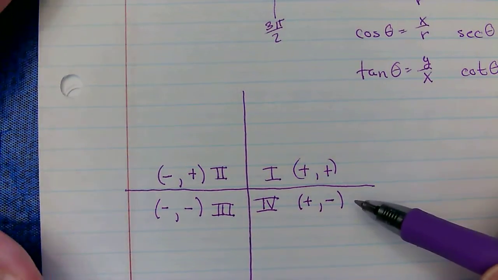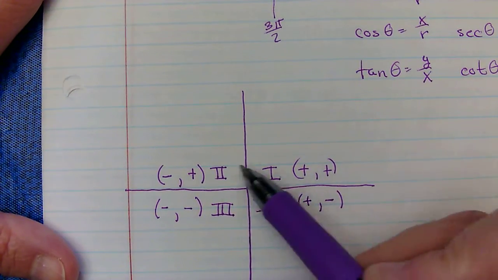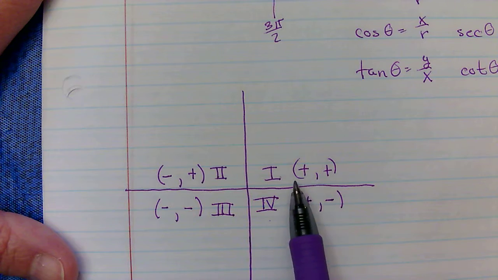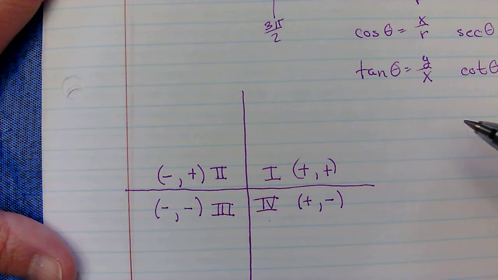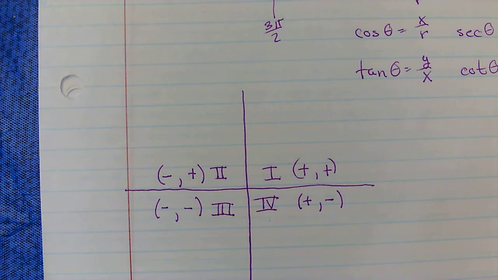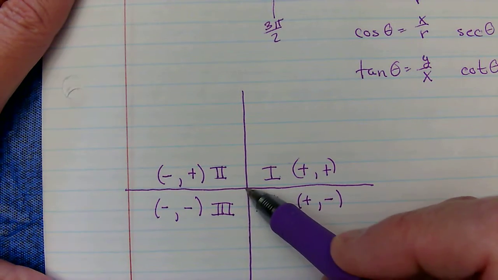So when the terminal ray is in one of these quadrants, the x and y values are going to have these signs as indicated by which quadrant they're in. But the radius is always considered to be positive. It's the distance from the origin.